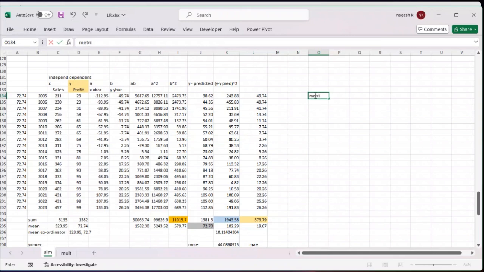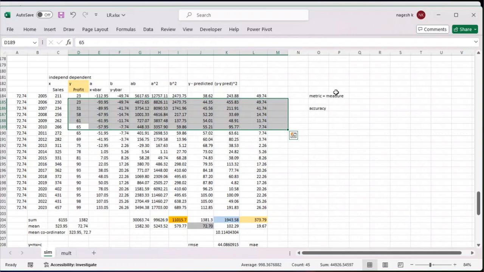What is meant by a metric? A metric is a measure. What is the measure by which we can judge the accuracy of the model? To measure length we use meter or centimeter, for liquid we have liter or milliliter, and for temperature we have Fahrenheit or centigrade.